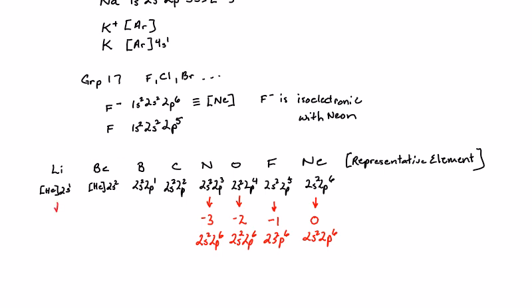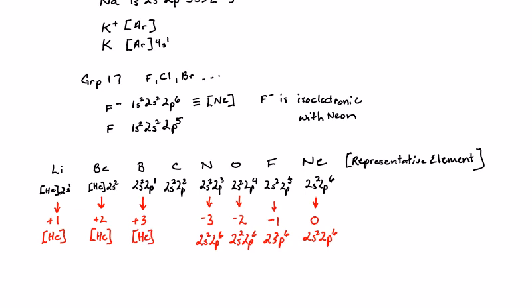Lithium, we know that can lose 1 electron to take on a positive 1 charge, which is going to give it an electron configuration that's the same as helium. Beryllium is going to be in group 2 and take on a plus 2 charge. So by losing these 2 electrons, again, it has an electron configuration that's the same as helium. We get to boron. We can lose 3 electrons, so take on a plus 3 charge, and again it becomes like helium.